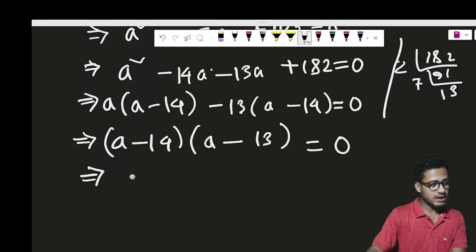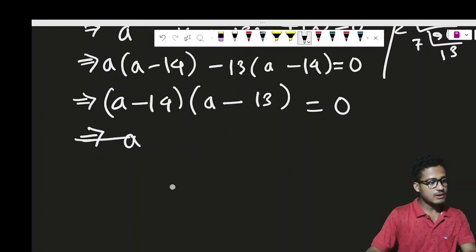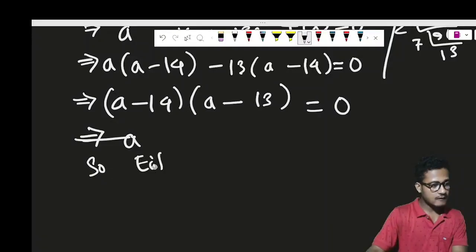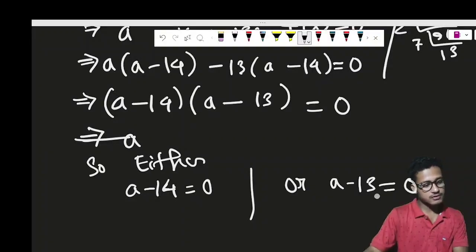So this will imply a product of two numbers is equal to 0. Then one of them is equal to 0. So either a minus 14 is equal to 0 or a minus 13 is equal to 0.